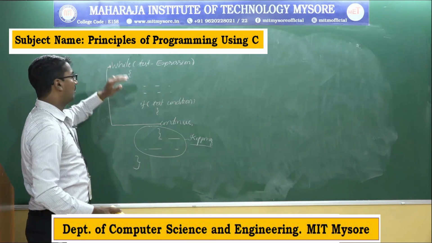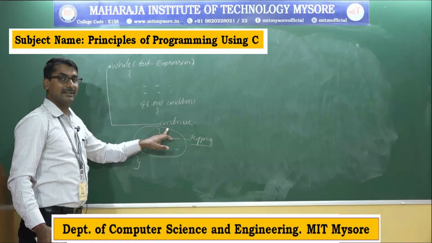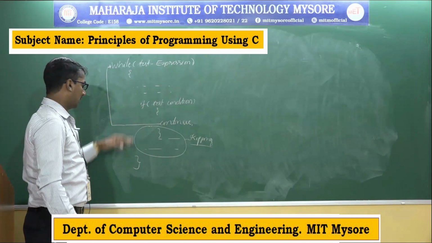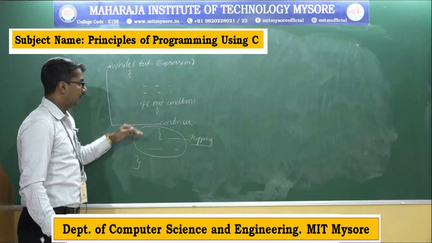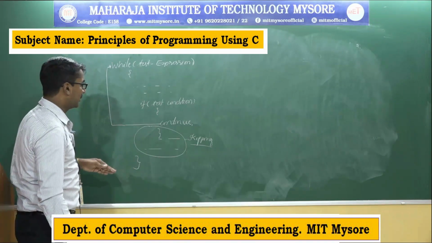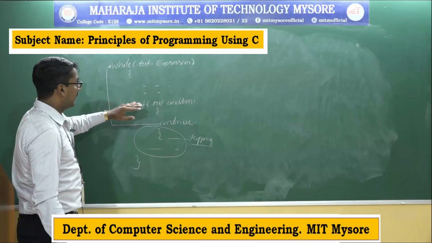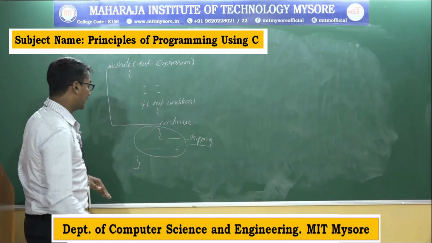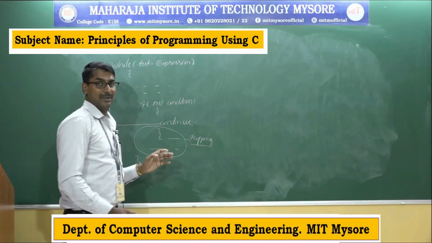In the break statement, once it occurs, the control is transferred out of the loop by skipping all the statements. But the continue statement transfers the control back to the loop by skipping certain statements.